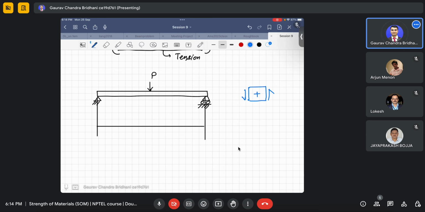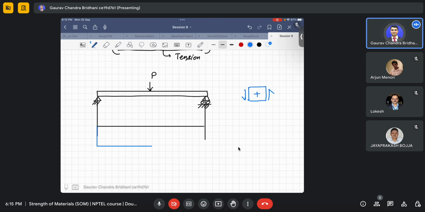This face is the negative face, because of the axis we are considering in this direction, so this face is not a positive face. The SFD I'll draw something like this till the center.